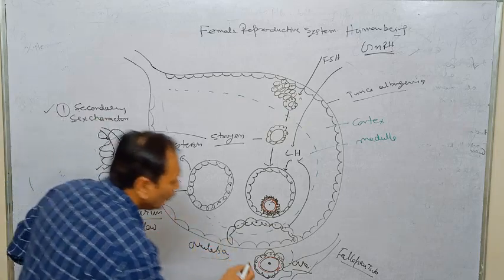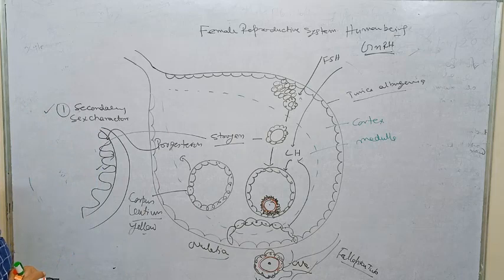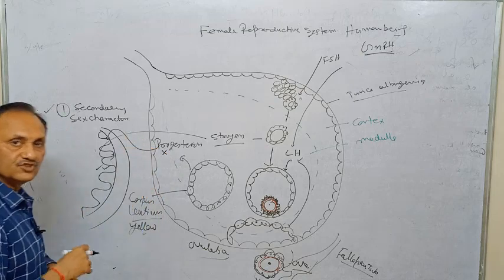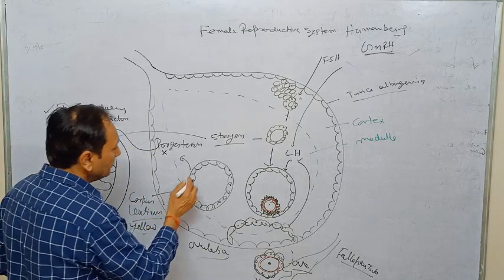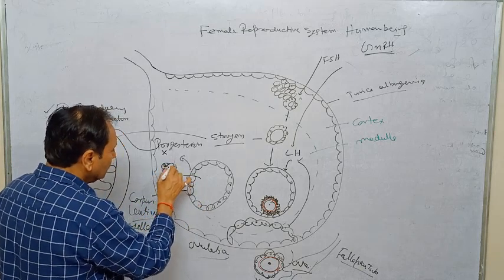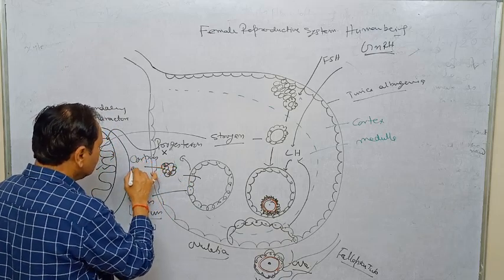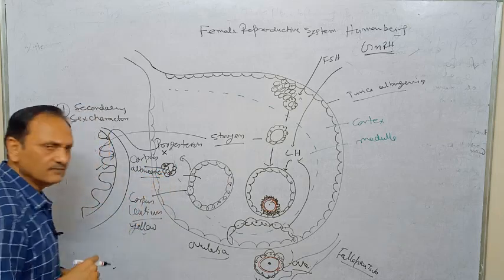Whenever the ova is not fertilized, at that time, what happens? This progesterone release will be checked, and this corpus luteum is converted into a small spot that is called corpus albicans.